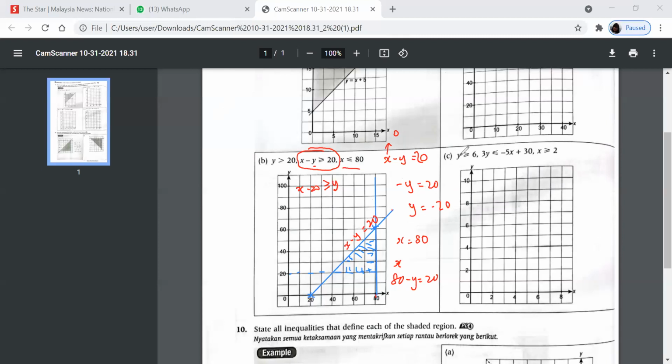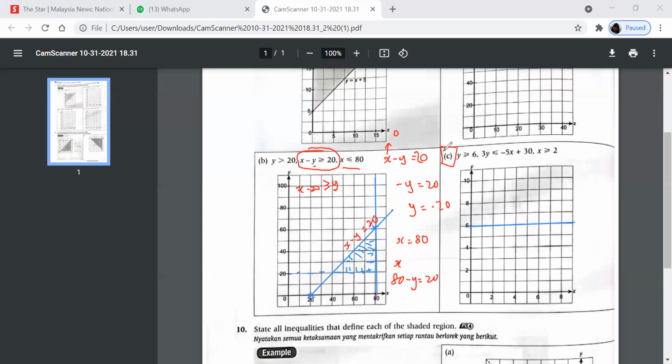Okay, see. You try. You do a lot of this many times, then you'll be faster in exam time, so you won't run out of time. Okay, good.